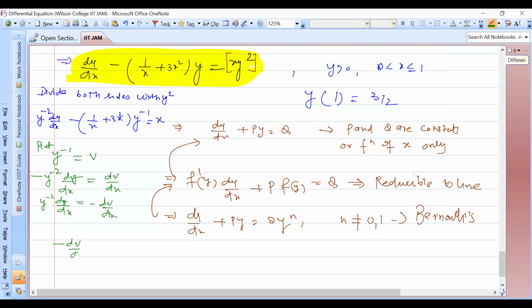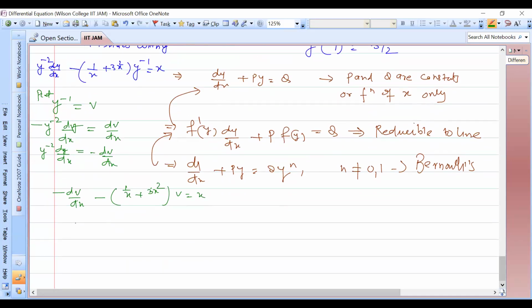So minus dv upon dx minus 1 by x plus 3x square into v equals x. Or we can write here dv by dx plus 1 by x plus 3x square into v equals minus x. Now it is a linear differential equation.